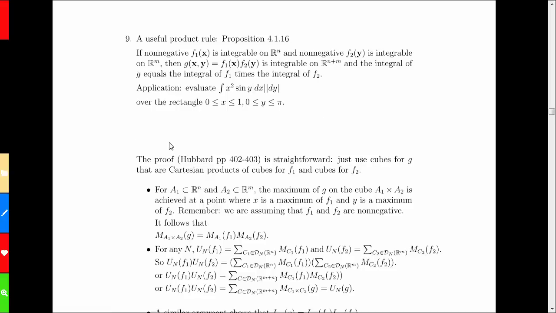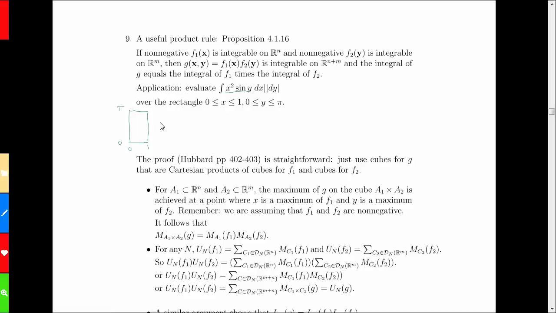So for the example, the function in question is going to be x squared times sine y. That's clearly a function of x times a function of y, and we're going to be integrating it over a rectangle that extends in x from 0 to 1 and that extends along y from 0 to pi.